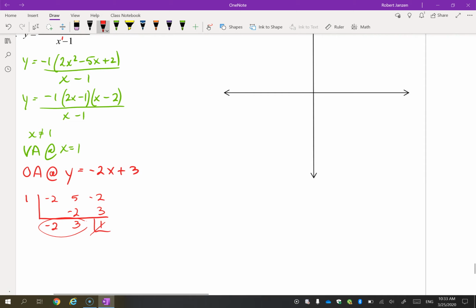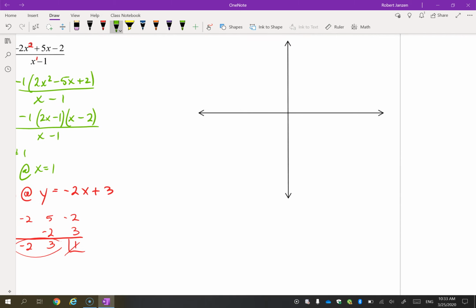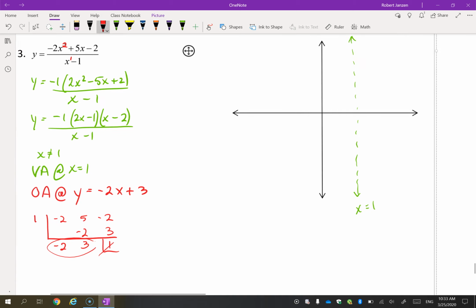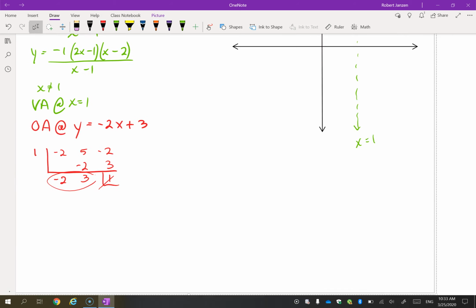Okay, so let's draw those two things in. I have a vertical asymptote at x is 1. And I have an oblique asymptote here at negative 2x plus 3. Very quickly, let's figure out the x-intercept and the y-intercept of these. The y-intercept is 3.